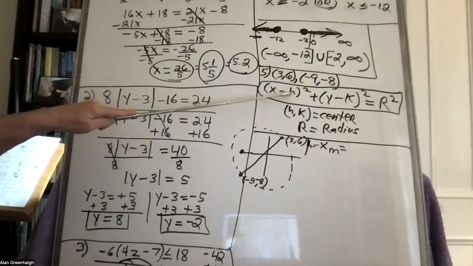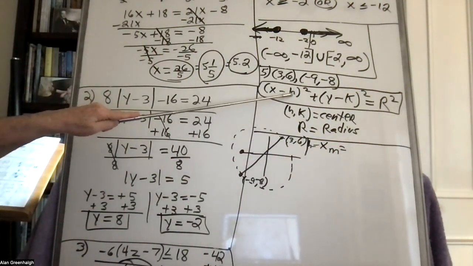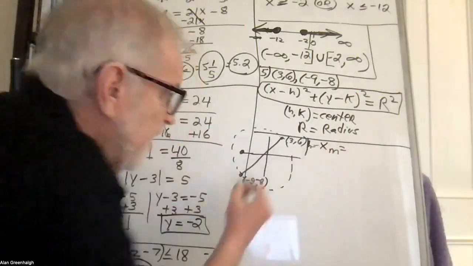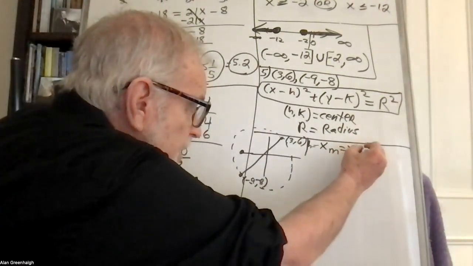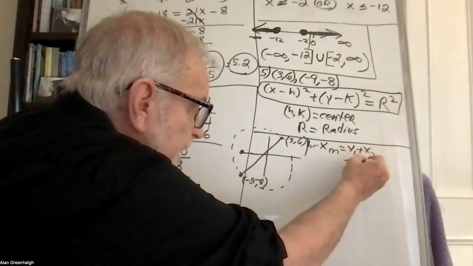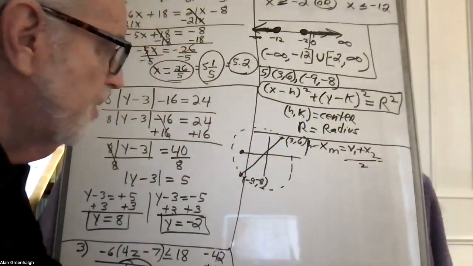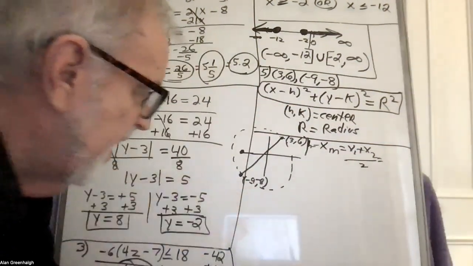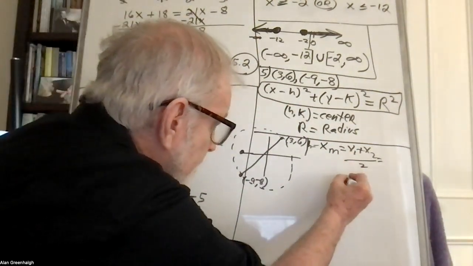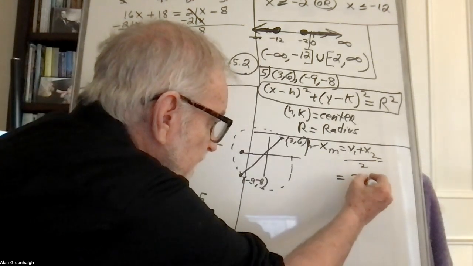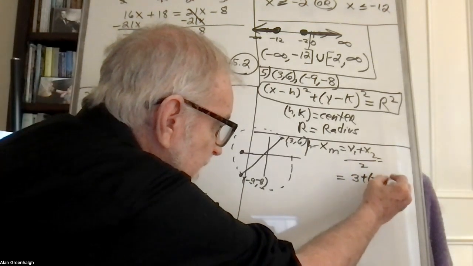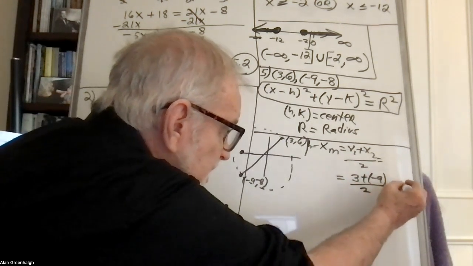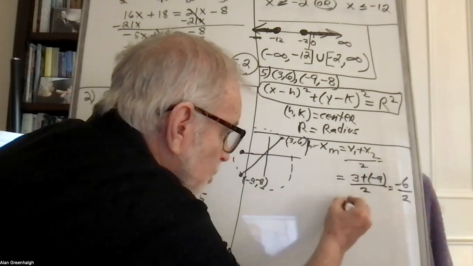So the formula here is the x coordinate of the midpoint, and that will be (x1 + x2) divided by 2, which will be 3 plus -9 divided by 2, which is -6 divided by 2.